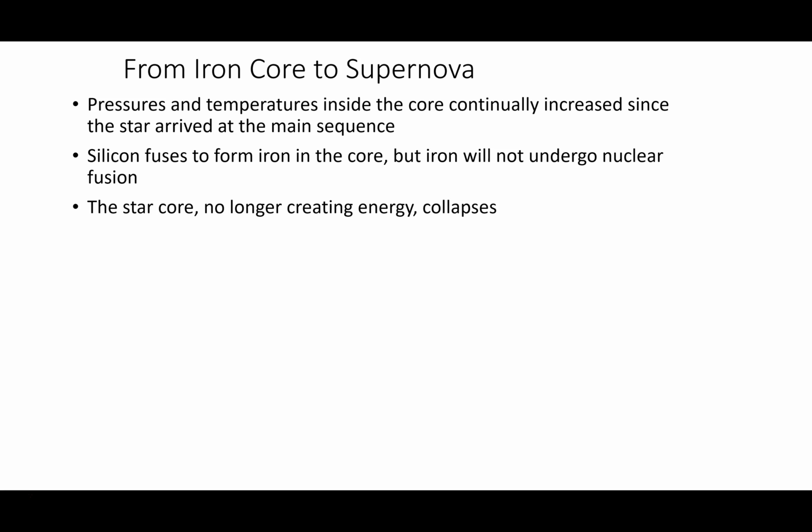Hydrostatic equilibrium. Okay, so we have gravity, and then we have the energy that's created as the sun has nuclear fusion in its core. Well, at this point, that little iron core can't fuse to create this outward motion. So I'm going to put X's through it.